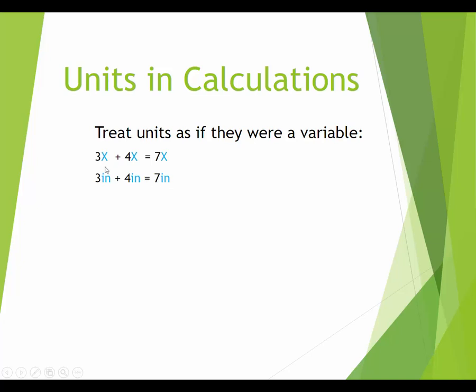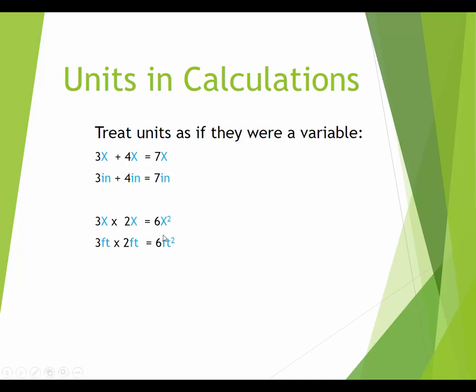For instance, 3x plus 4x is 7x. Whenever I add or subtract with an x, I keep the x as is. That's what I do when I have units. Therefore, 3 inches plus 4 inches, and the answer is 7 inches. I kept the inches. I will do the same thing if I subtract.